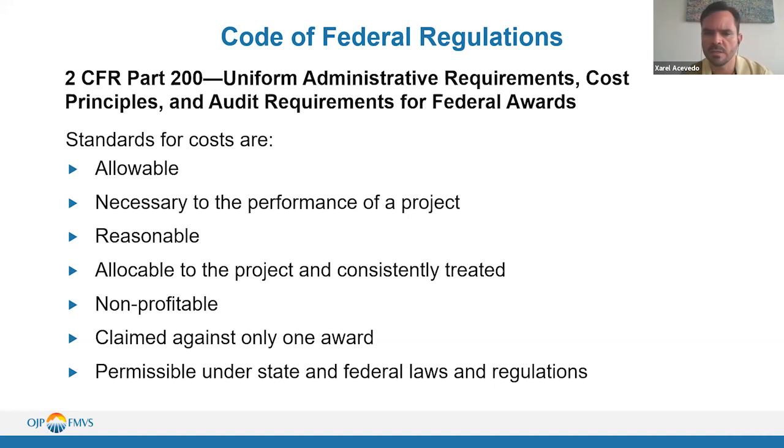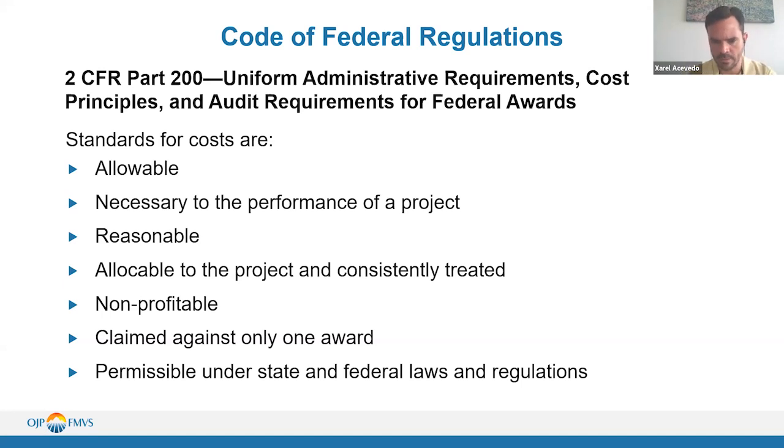Number 4 says allocable to the project and consistently treated. When we talk about allocable, we mean that they are assignable and that they can be easily traced back to the source, okay? For example, the portion of the salary of a grant manager distributed to a specific program or grant. And then the second part of this says consistently treated.